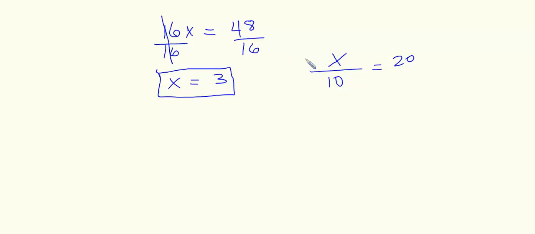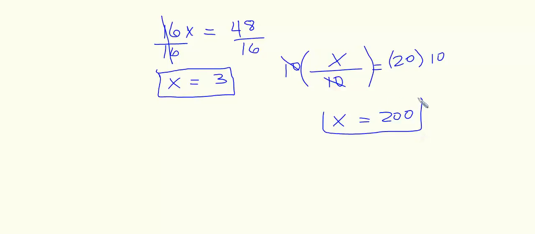So here we go. Let's multiply both sides by 10. Our 10s will cancel out, and we're left with x is equal to 20 times 10, and that is 200. So the value of x is 200.